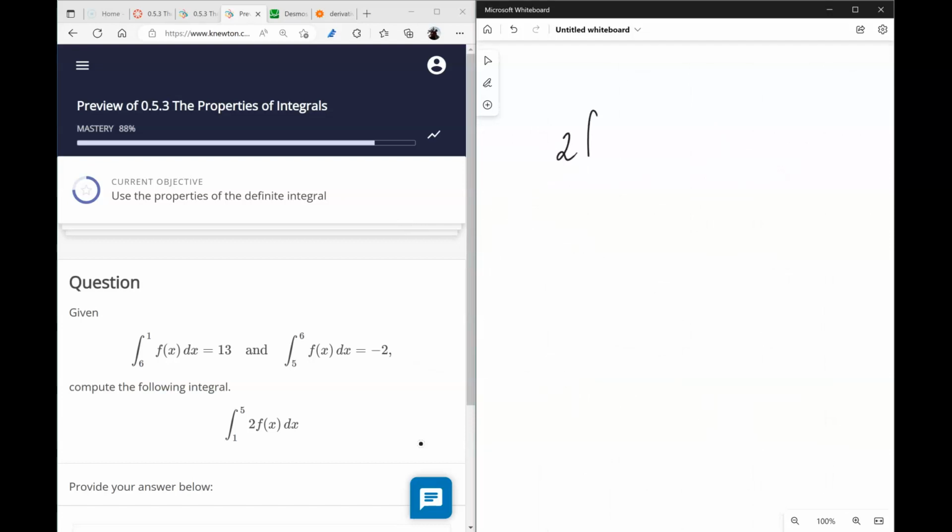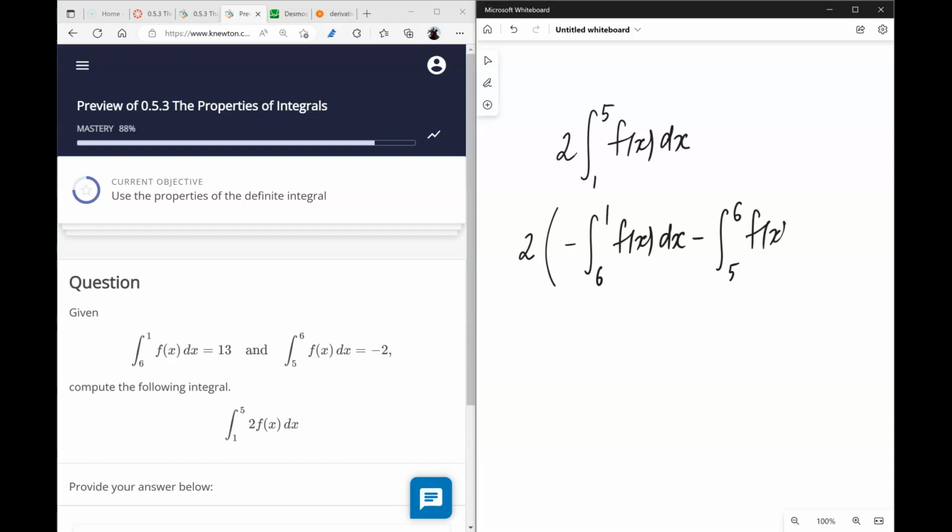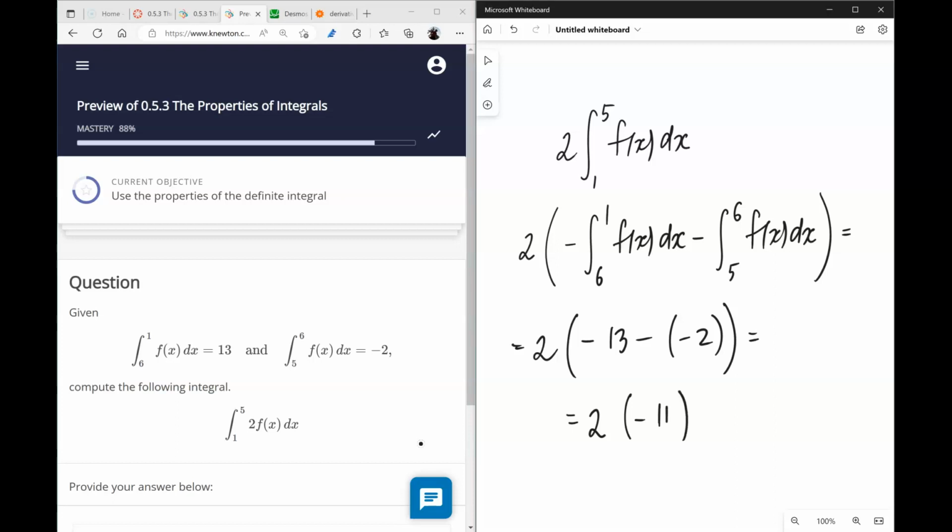So the answer is 2 integrals from 1 to 5 f of x, but instead of 1 to 5 we're going to go from 1 to 6, which is the opposite of 6 to 1, minus the integral from 5 to 6. The answer is negative 22.